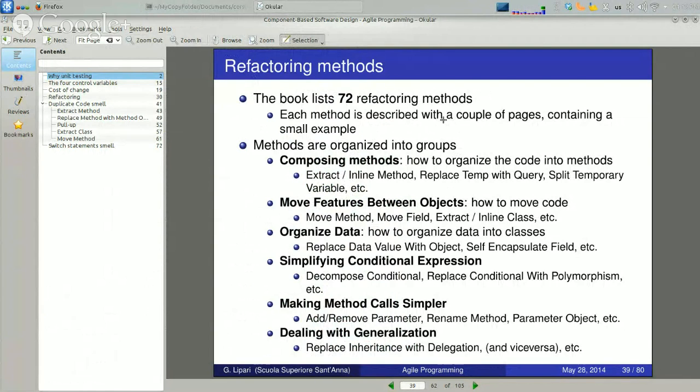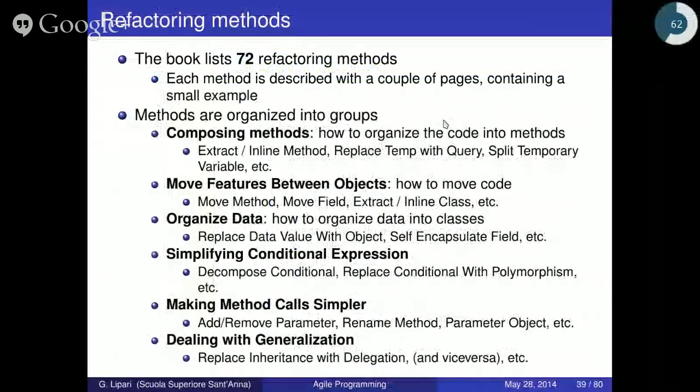And in particular, we are going to analyze what they do in general. So methods are organized into groups. We have composing methods, that means how to organize your code into functions, into methods. And every refactoring method has a name.